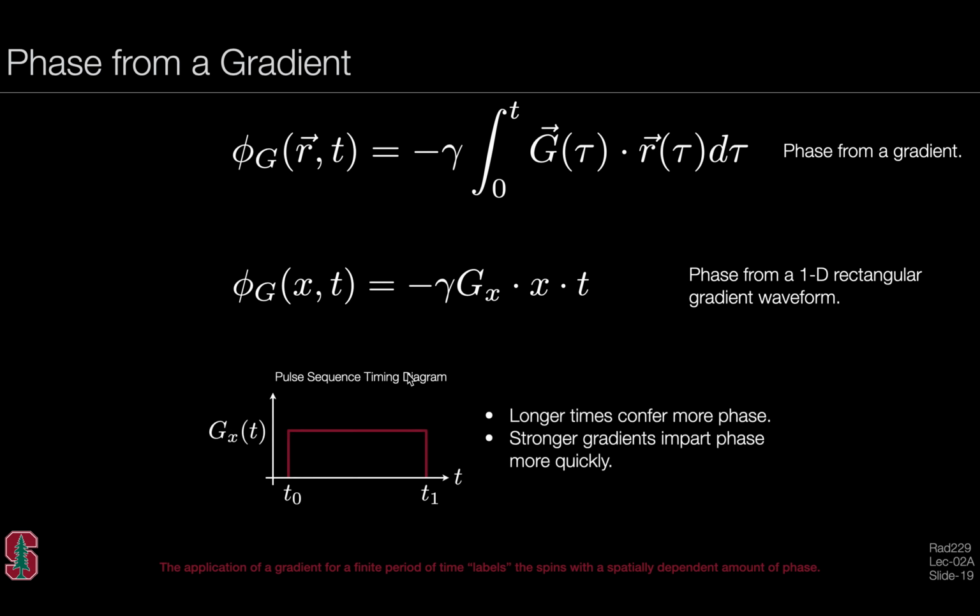In the case of a gradient being turned on for a finite period of time and then turned off, longer times would confer more phase, and stronger gradients would also impart phase more quickly. Depending on the specific needs of a pulse sequence, we could design this magnetic field gradient to be either stronger or weaker.